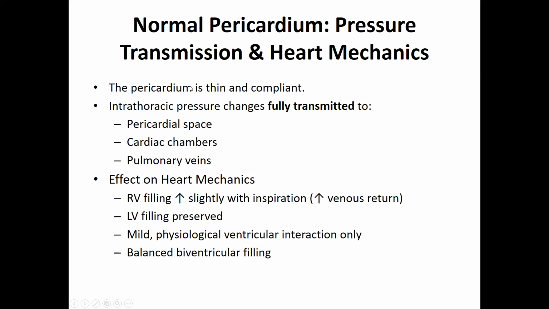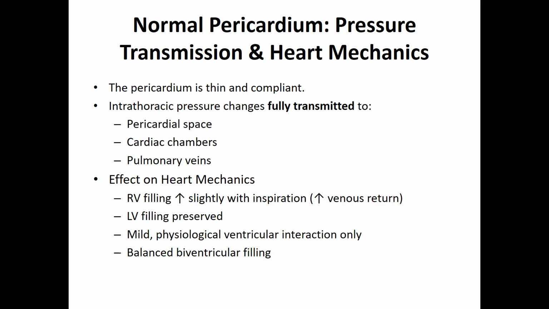The normal pericardium usually is thin and compliant, and it fully transmits intrathoracic pressure changes. That will be transmitted to the pericardial space, to the cardiac chambers, and the pulmonary vein, and that has an effect on the heart mechanics. With inspiration, the RV filling increases slightly because of increased venous return.